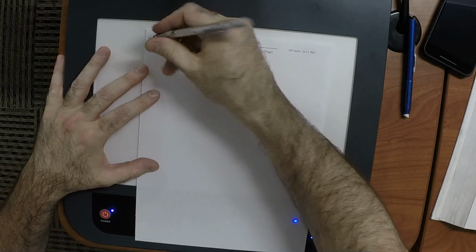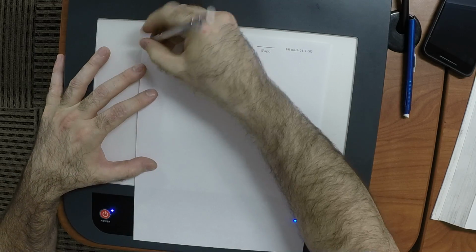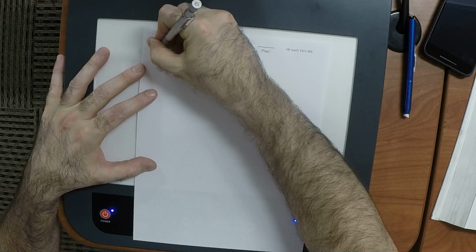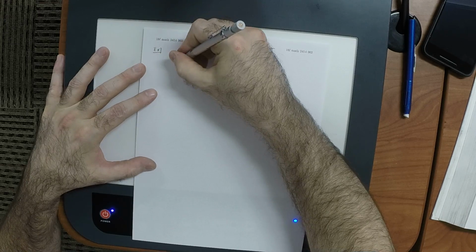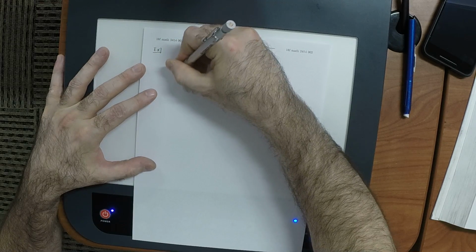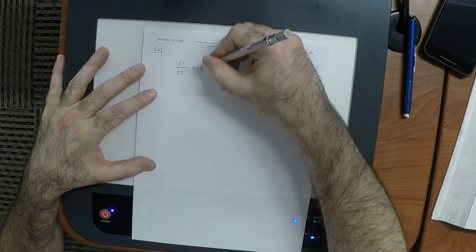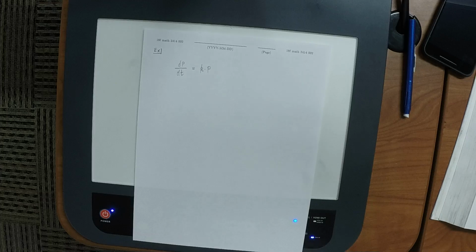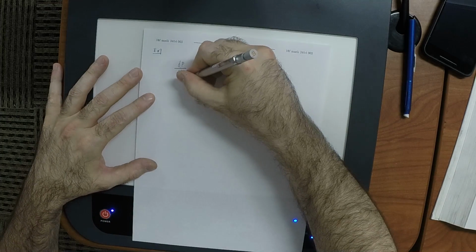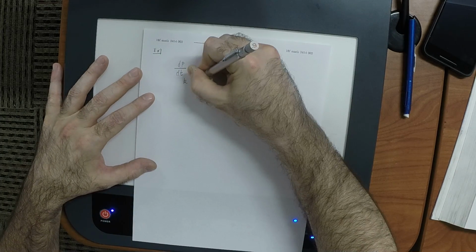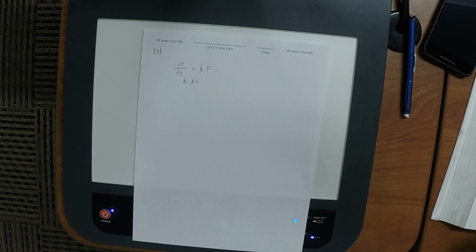So this one, dp dt is equal to kp, with a non-zero k, because otherwise it's kind of boring. So now the variables are different, right? Not x's and y's, rather p's and t's. Is this separable?